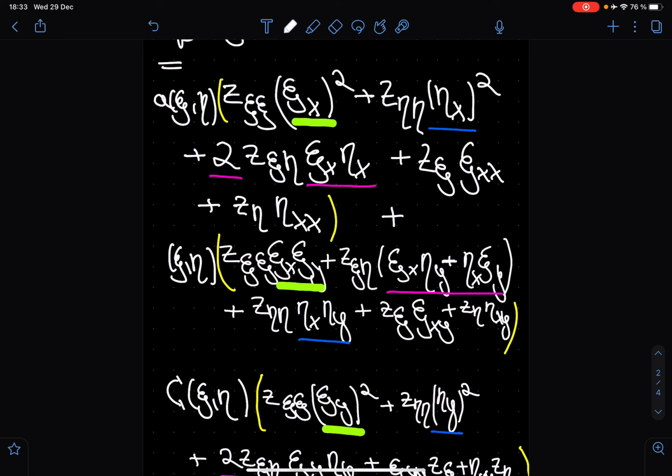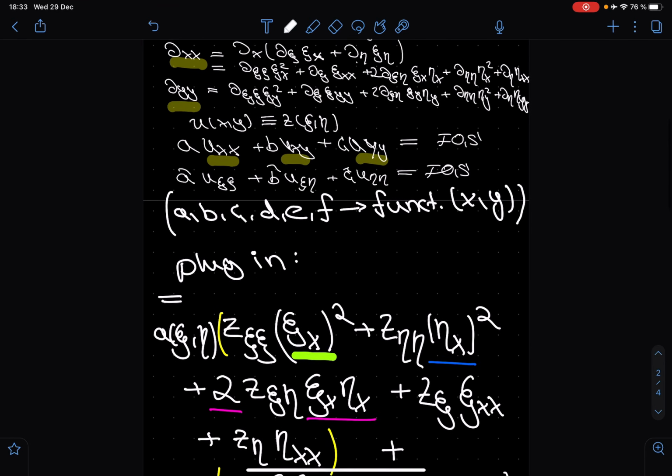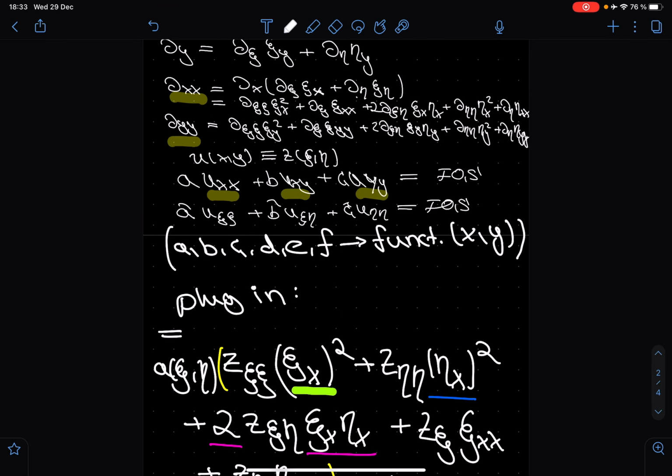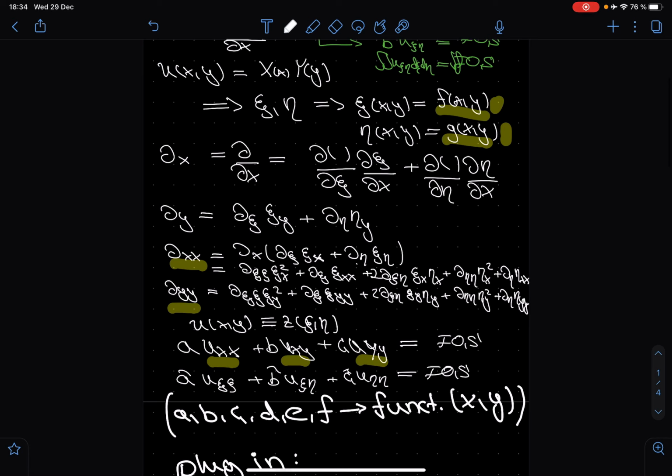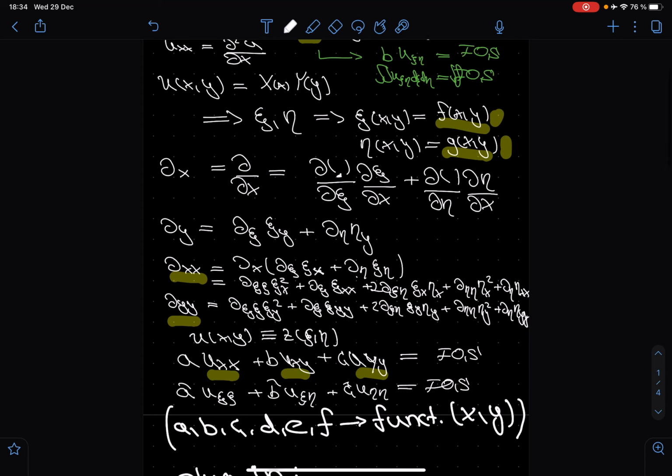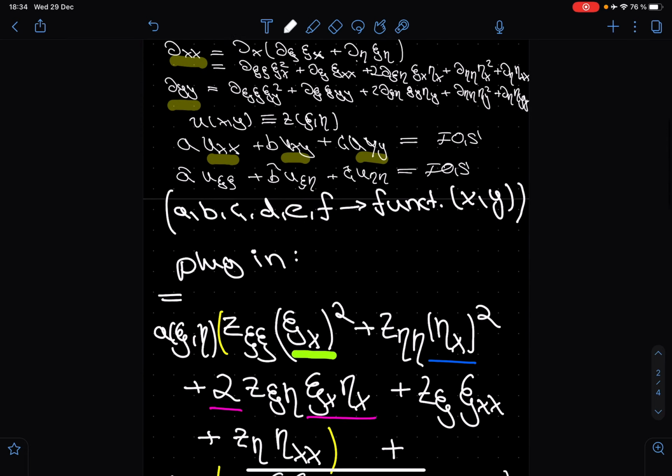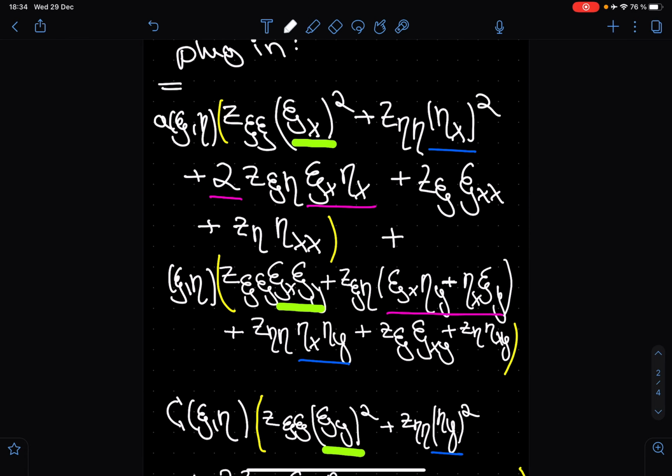So if you plug in all those derivations, I'm not going to go through that because you can do it by yourself. Actually, you will have all these terms, what we have here. You have to plug a function into that operator, that's for sure, and that will be z xi, and all the stuff which relates to the derivation operator.